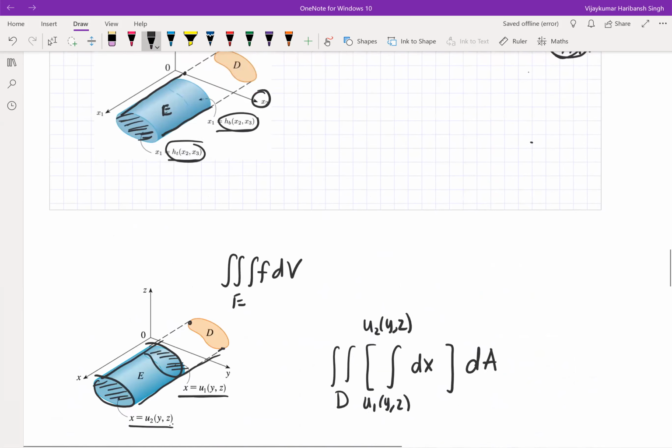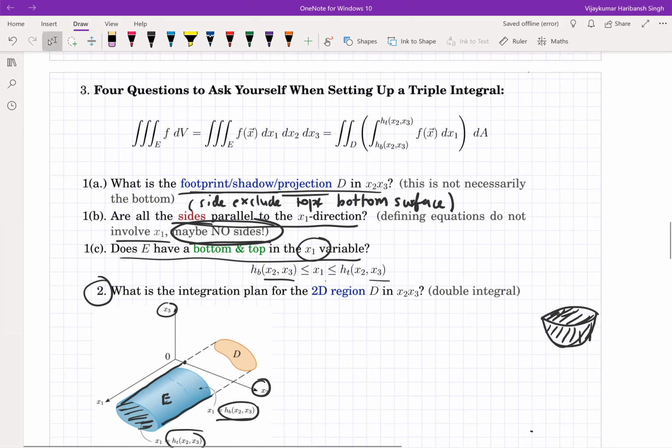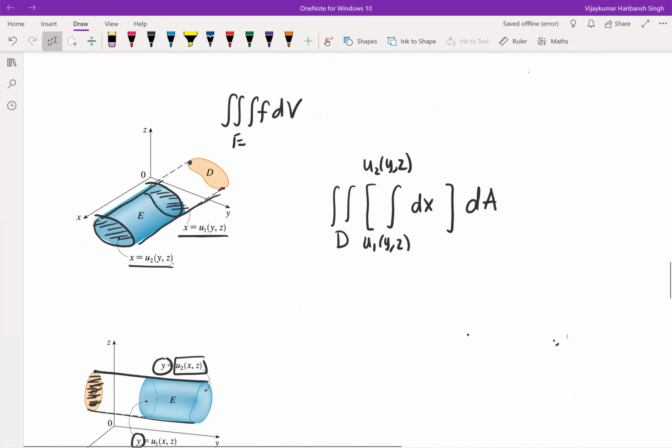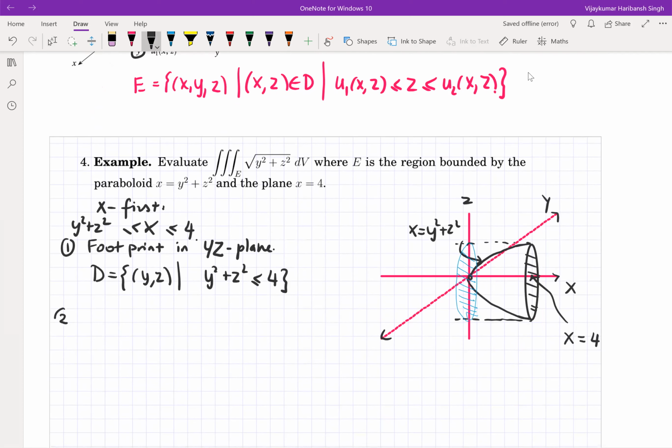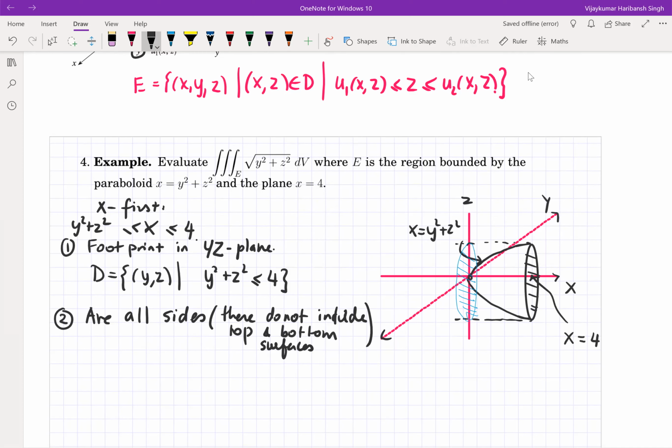Now, the second thing to consider is, are all sides parallel to the x1 direction? So the question is, are all sides, note that these do not include top and bottom surfaces, parallel to the x-axis?